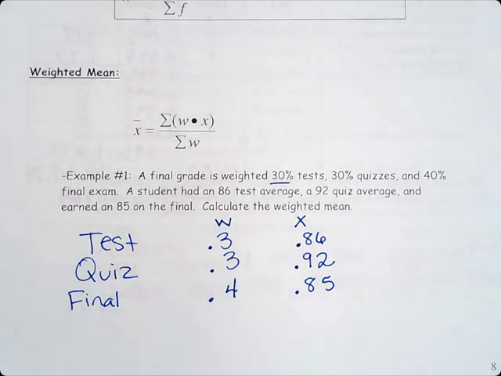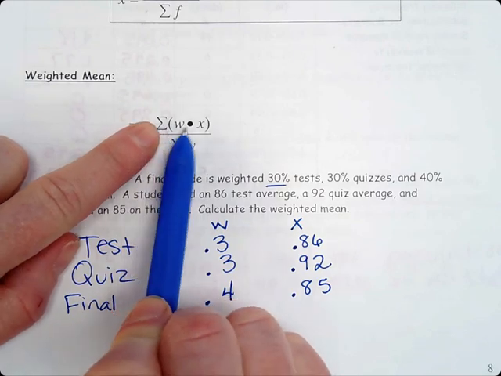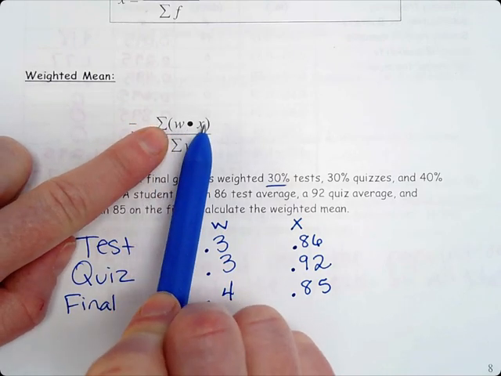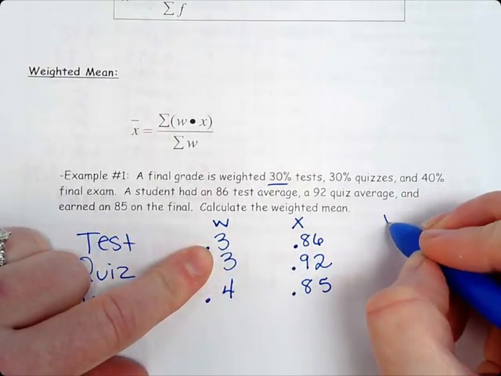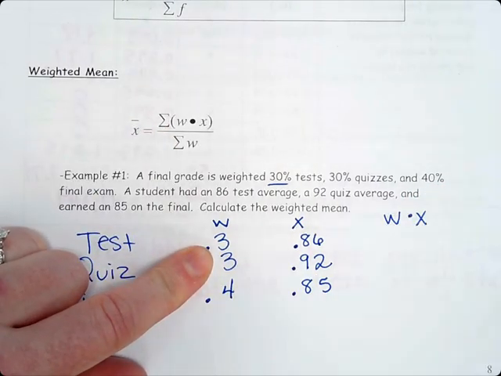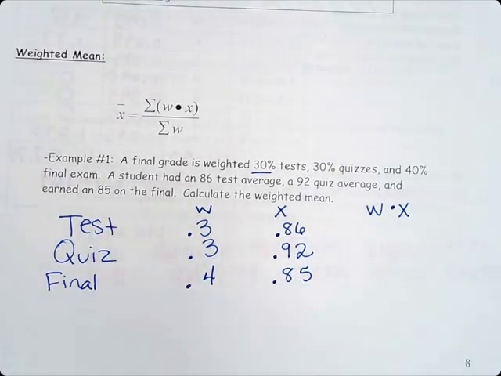So to find your weighted average, it says we need to do the summation of the weight times the score. So we need to go ahead and multiply these. Weight times the score. So let's go ahead and multiply those.